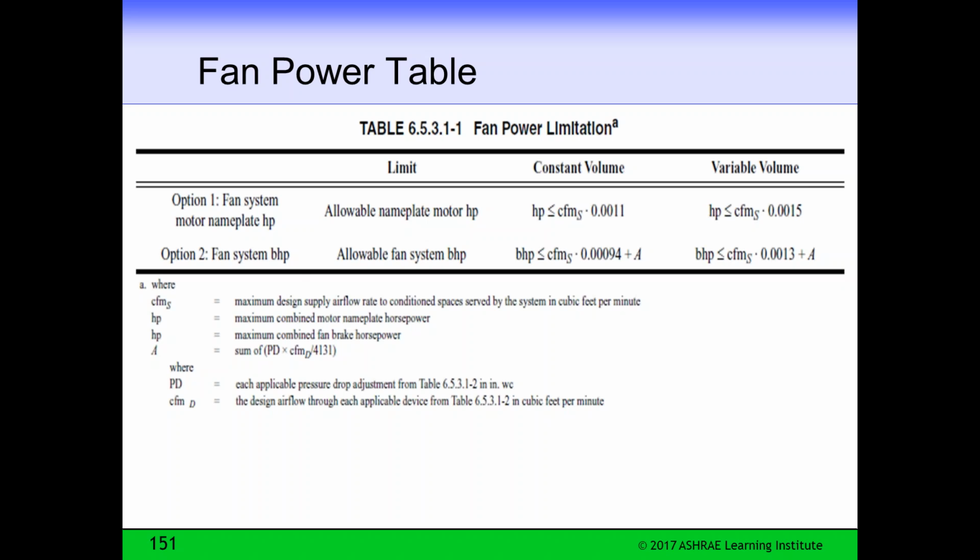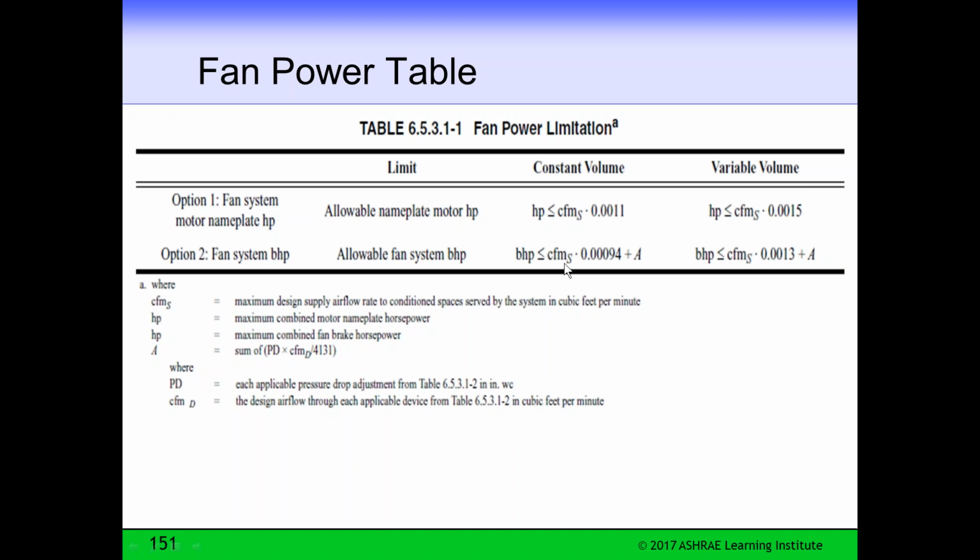But we have a maximum CFM per horsepower allowed for fan sizing. The first column is for constant volume, and you can see that the simple way, fan system based on nameplate horsepower, is just the CFM times 0.0011. Then you multiply that out and look at the horsepower, and if that number is greater than the horsepower number, you're fine.